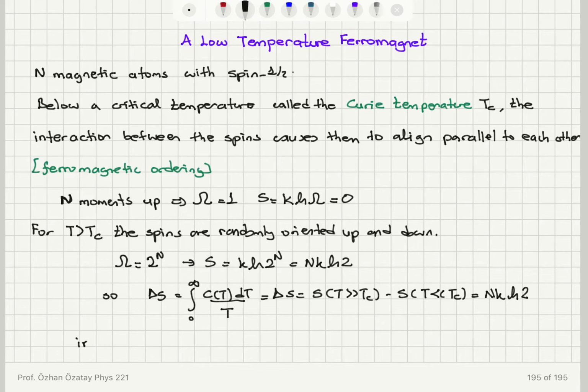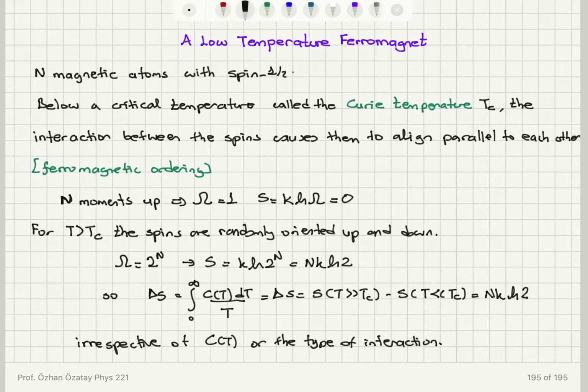So this is irrespective of C of T or the type of interaction, as long as at a low enough temperature I have one accessible state, and at a high enough temperature I have completely random orientation, this argument will hold.